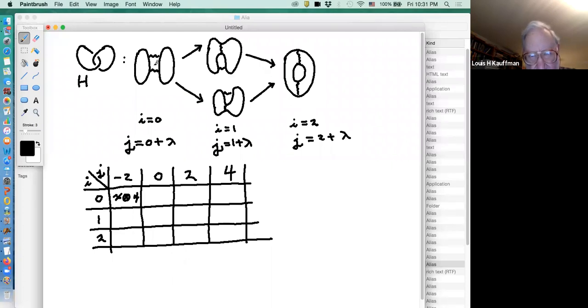We have xx, but to go up a little bit in lambda, you could have x and 1 or 1 and x. And those x and 1, where x is -1, 1 is 1, gives you 0 for lambda. So we'll be in 0. And this will be x tensor 1 and also 1 tensor x.